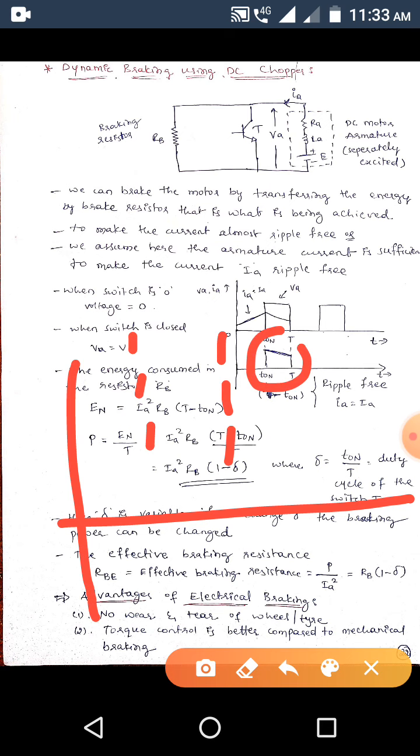Initially it was open, there will be no supply voltage and there will be rising current, dynamically increasing current in the circuit.